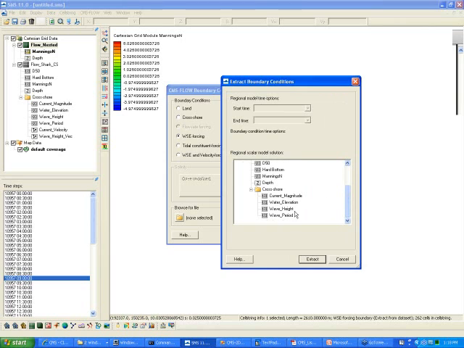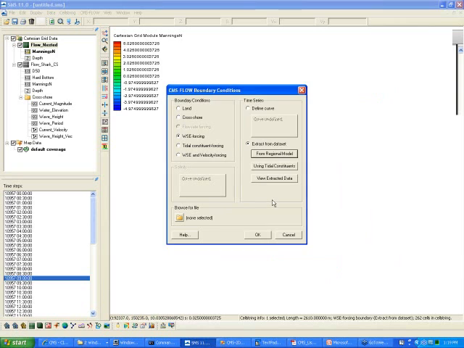Here you select water surface elevation, because I selected only water surface elevation in the boundary condition window, and say extract. I'm not going to do it here because it's already done. Or you could say both water surface elevation and velocity, and you do the same thing.